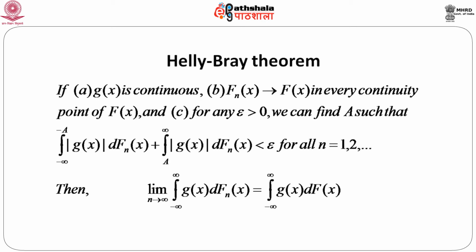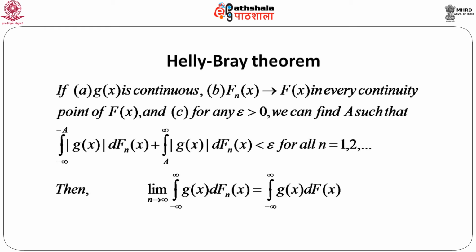It is enough to have g x continuous and f n x going to f x when we consider an interval a to b. But when we want to extend this theorem to the entire real line, that is minus infinity to infinity, there should be a very negligible contribution towards the two ends or two tails of the real line.